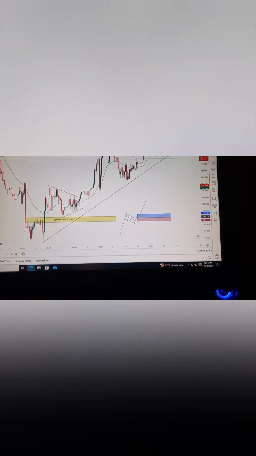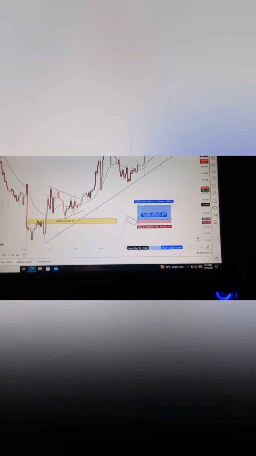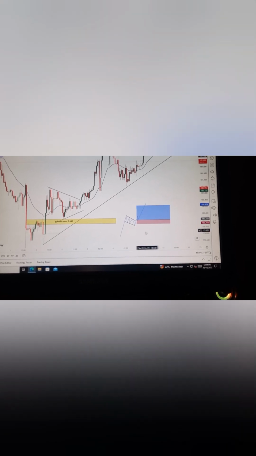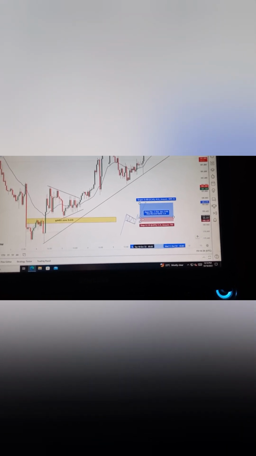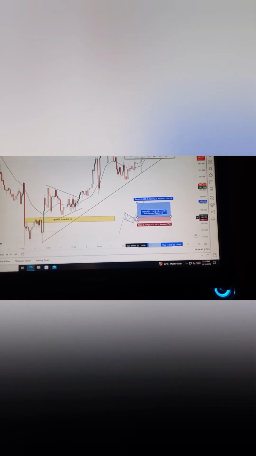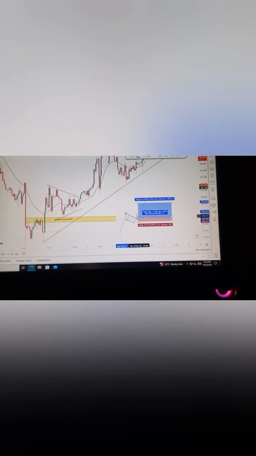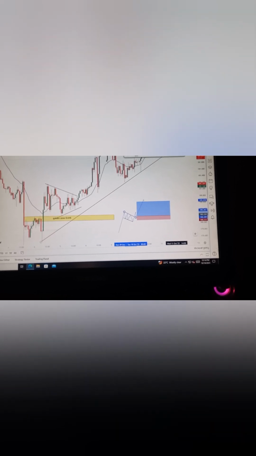So we'll wait for the breakout and take a breakout trade like that, positioning a stop loss, or we can wait for the retest of this trend line and take a risk-free entry.